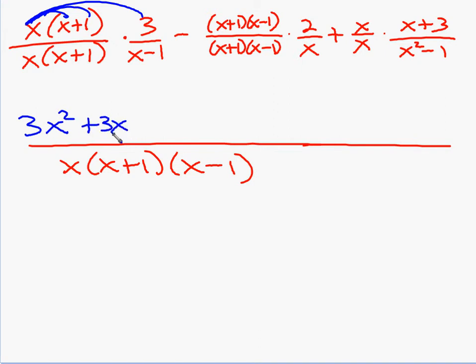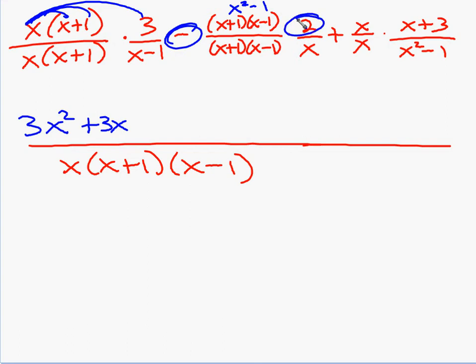Now the middle term is a little bit sneaky. We need to be careful on the middle term. This is the same thing as x squared minus 1. Isn't it a difference of two squares? And what am I distributing through it? Be careful. Negative 2 is what you're distributing through.